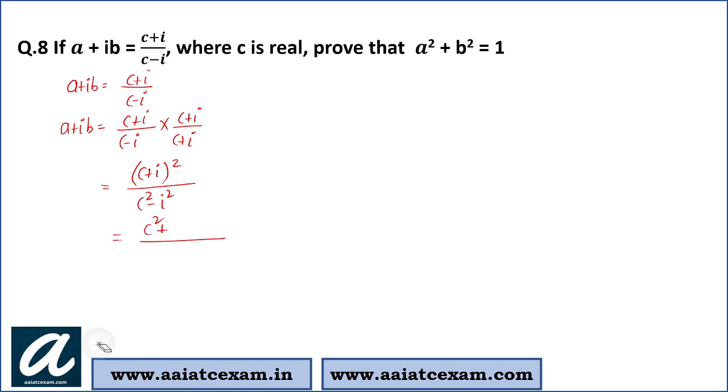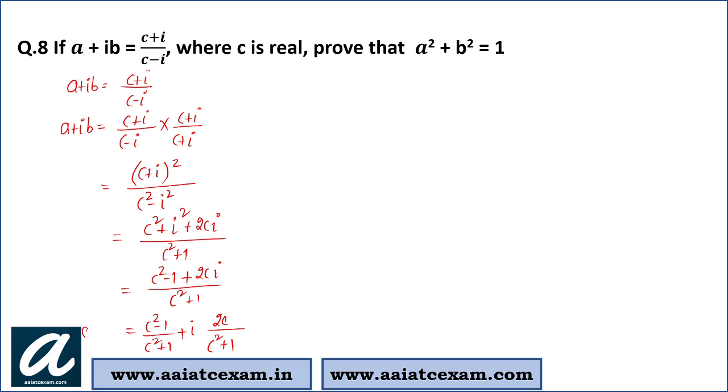You'll apply a plus iota b whole square. So this will be c square plus iota square plus 2c iota by, this will become c square plus 1. So I will write c square minus 1 plus 2c iota by c square plus 1 and then it will become c square minus 1 by c square plus 1 plus iota times 2c by c square plus 1.